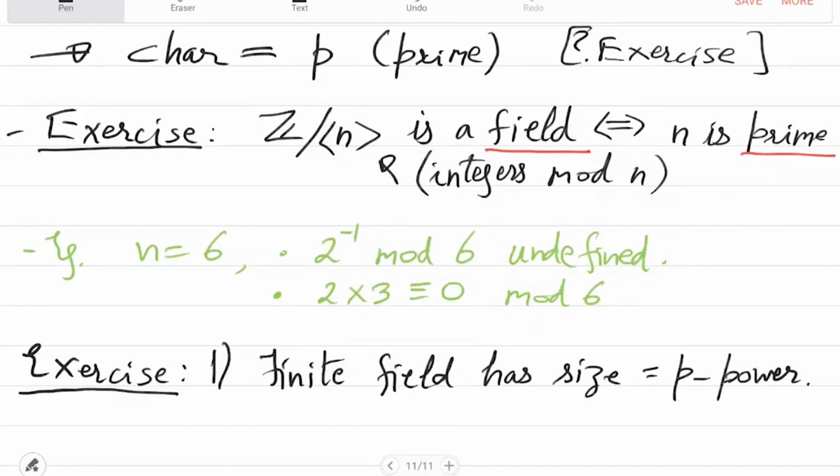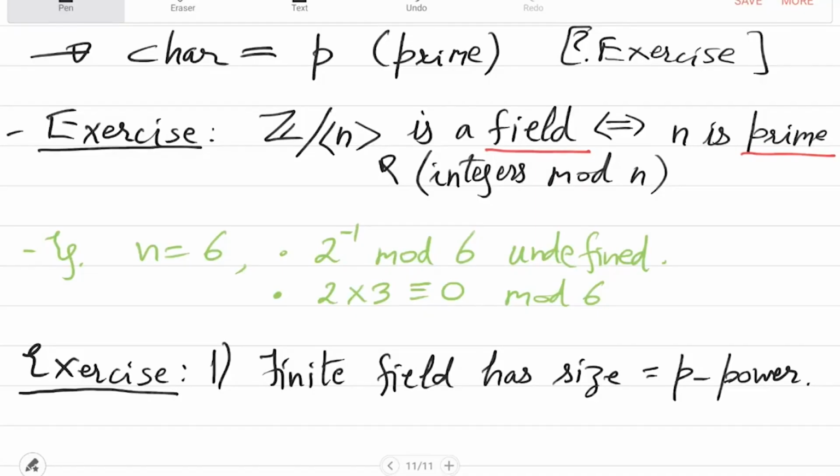So the characteristic of a finite field is p, then its size has to be a p power. There is no other option for finite fields. These in fact exist because you take an irreducible polynomial of degree d with coefficients in Fp, and you look at Fp[x] mod that polynomial. So this will give you a field of size p to the d.